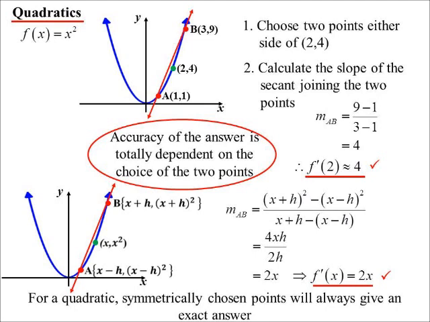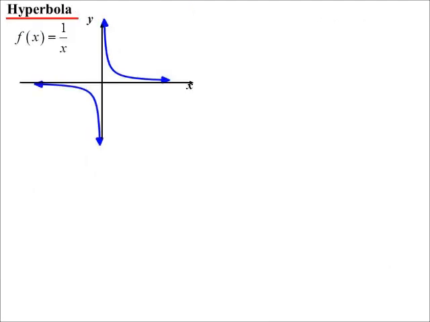Let's have a look at a hyperbola and see what happens. So the function value is 1 on x. There's my point (2, 1/2). So if I go symmetrically either side of that, we'd have (1, 1) and (3, 1/3). Okay, let's work out the slope of that.